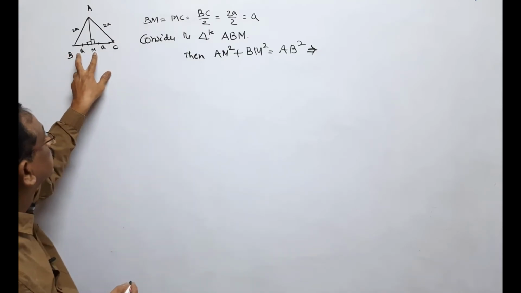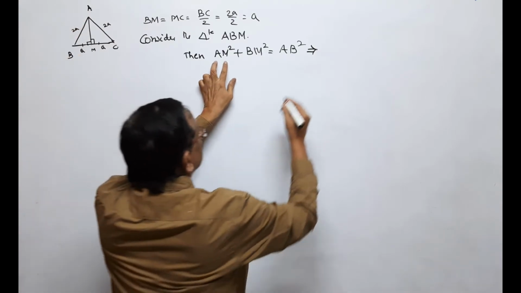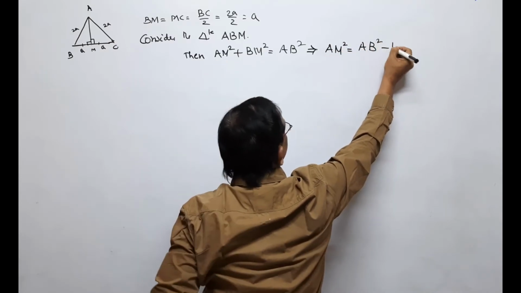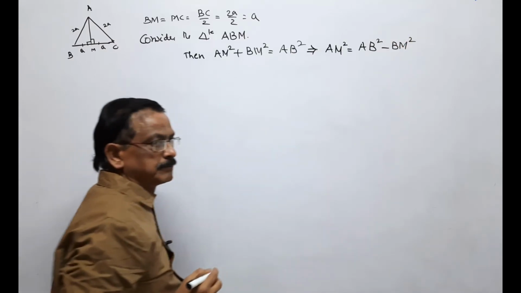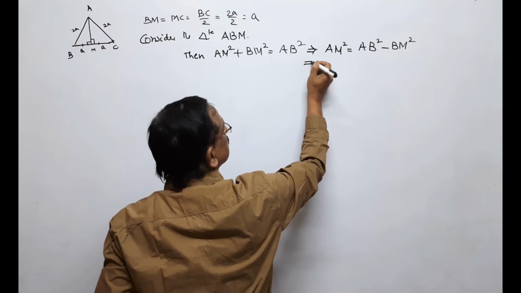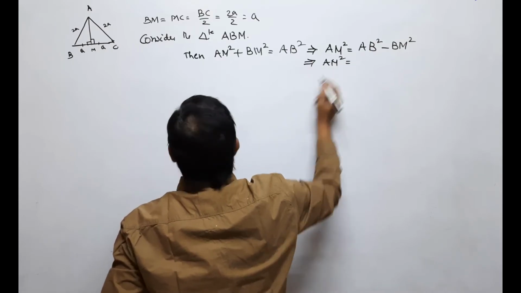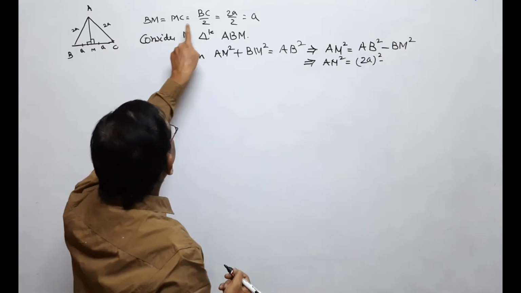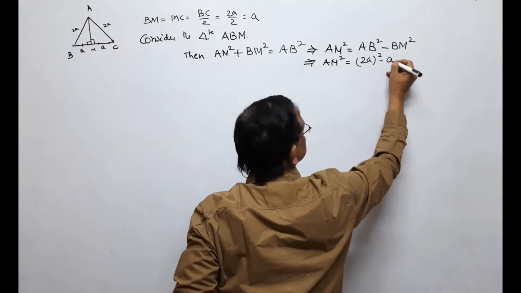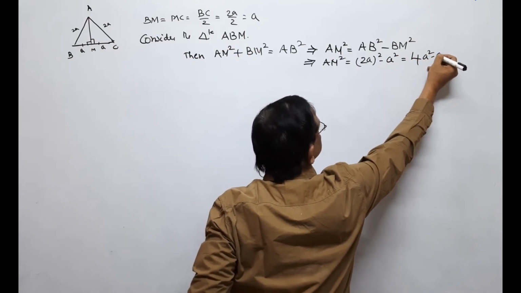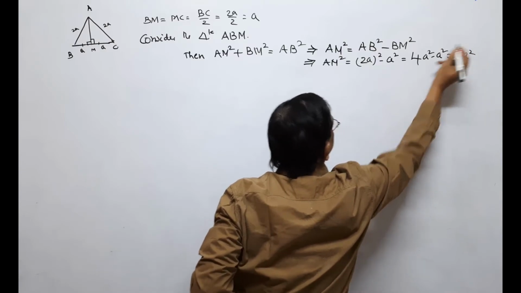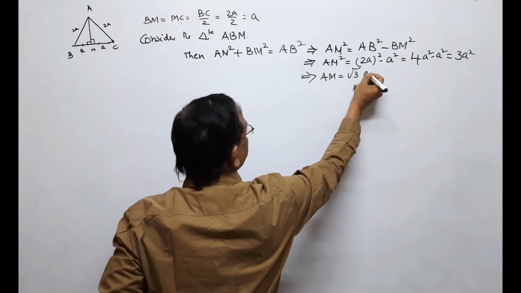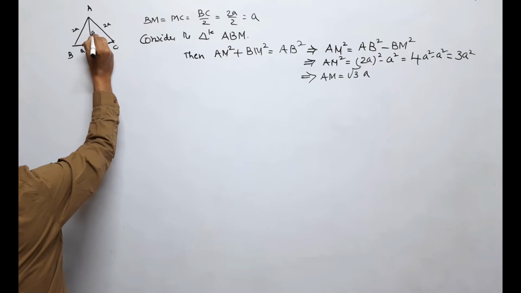I know BM, I know AB. So AM square is equal to AB square minus BM square. AB square is 2A whole square minus BM is A, so A square. So 4A square minus A square, which is 3A square. This means AM is root 3A. So this is root 3A.